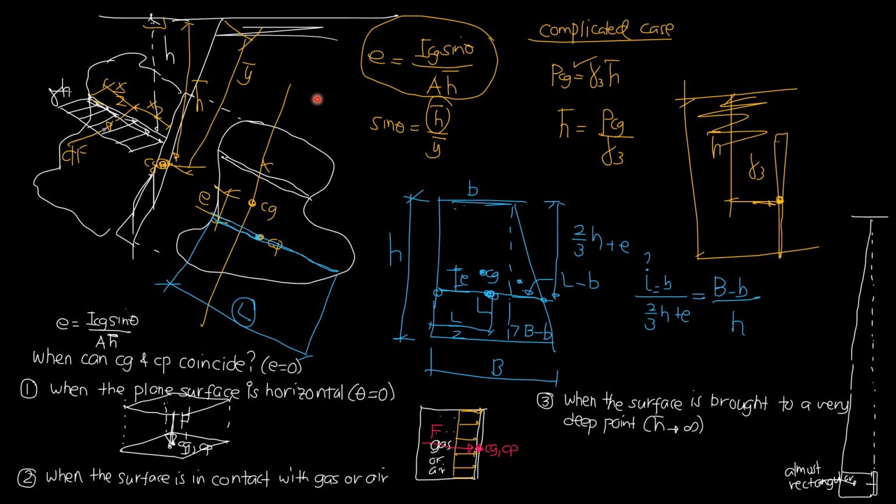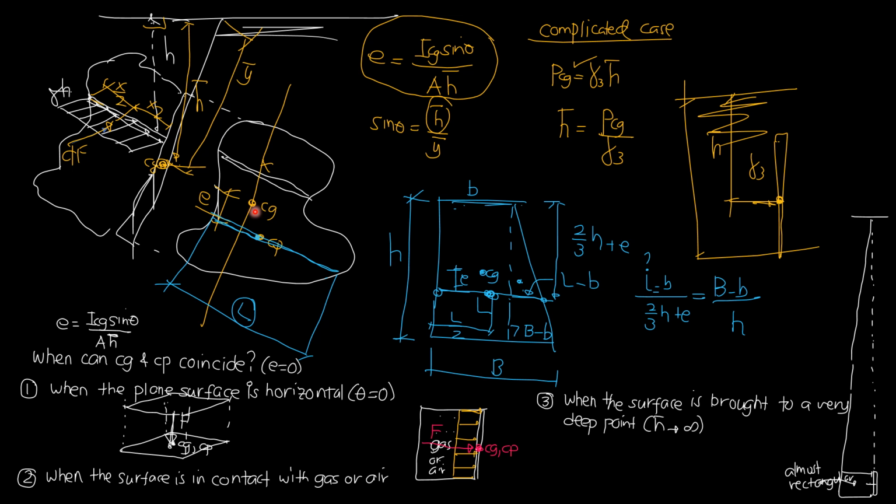In this video I'm going to explain further the location of the hydrostatic force on a plane surface. In general, let's consider a situation where the plane surface is not symmetric with respect to the vertical axis.